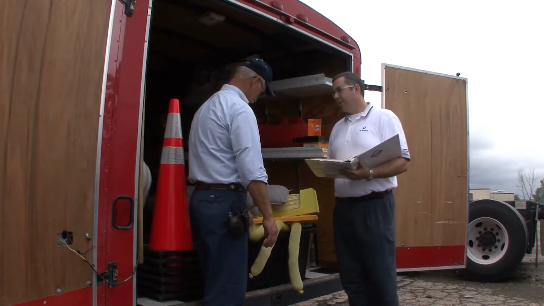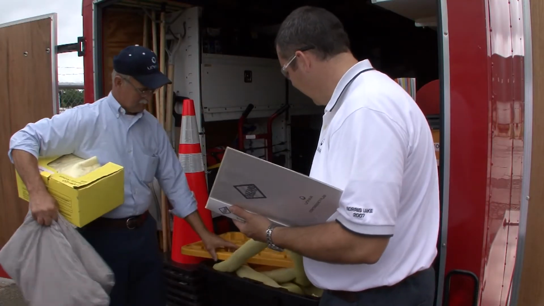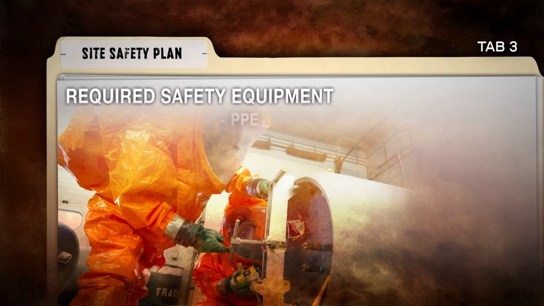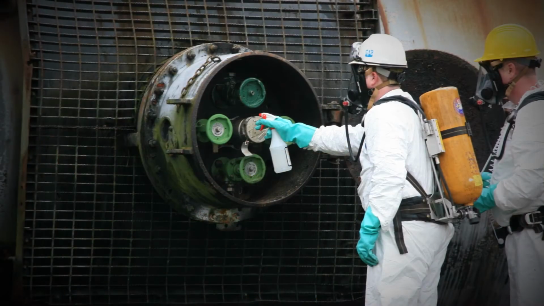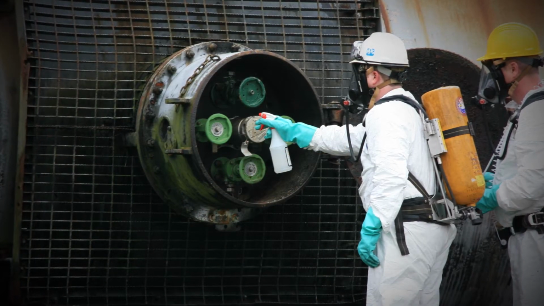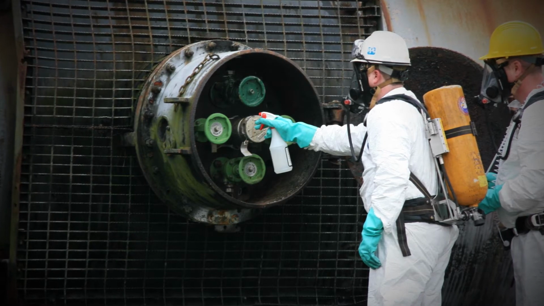The plan will identify and explain the required safety equipment necessary and available for the response. This includes personal protective equipment, or PPE. The plan illustrates the different levels of protection and how the appropriate level is determined by the nature of the incident and the task performed. This is another aspect of the Site Safety Plan where pre-planning can save valuable time.